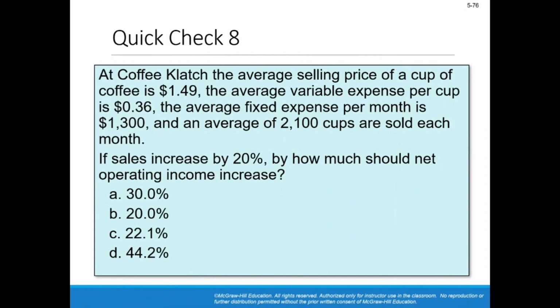So if your sales increase by 20%, by how much should your operating income increase? It's 20% multiplied by DOL, degree of operating leverage, which is 20% multiplied by 2.21, and obviously it's this number, 44.2%.